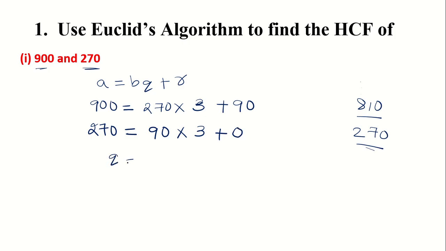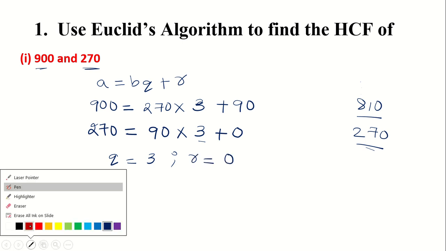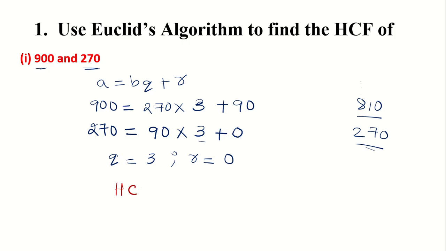The quotient is 3 and the remainder is 0. What will be the HCF? It is the divisor in the last step, which is 90. So by Euclid's algorithm, we found that the HCF of the given numbers 900 and 270 is 90.